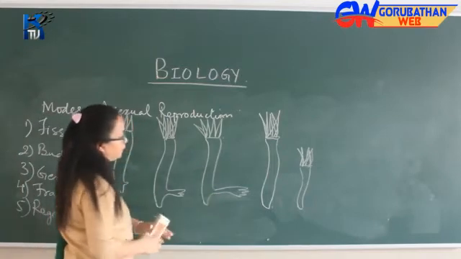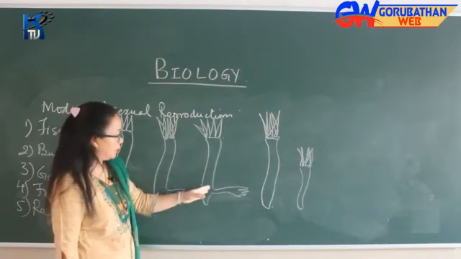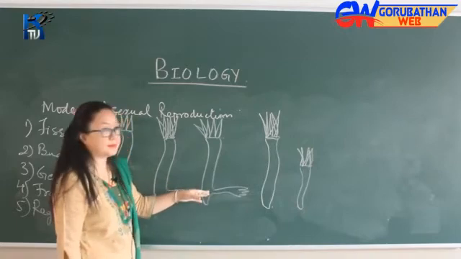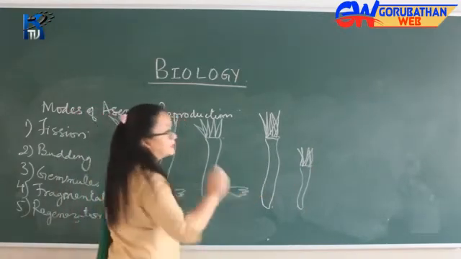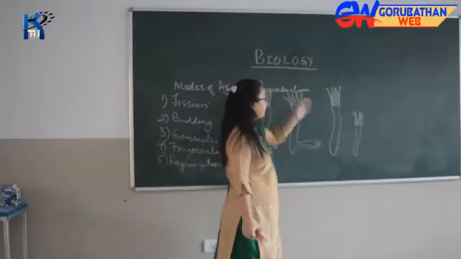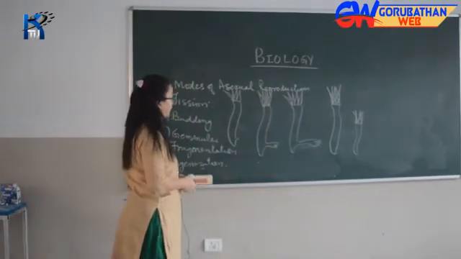Then the cytoplasmic connection between the bud and the mother cell will be closed by laying down the wall material. Then it assumes a normal size and may undergo budding in the same manner. So this is budding.